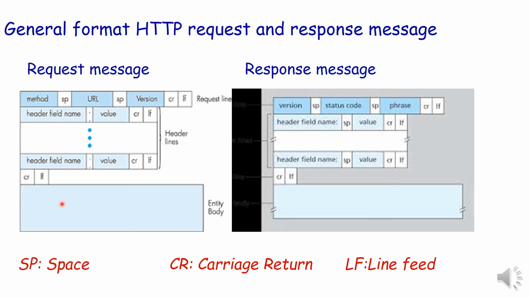In this pattern only, the server can identify a request message and the client can identify a response message. If this standard pattern is known to the server and the client, then only can it parse the message and display it on the screen. So this is how HTTP works.